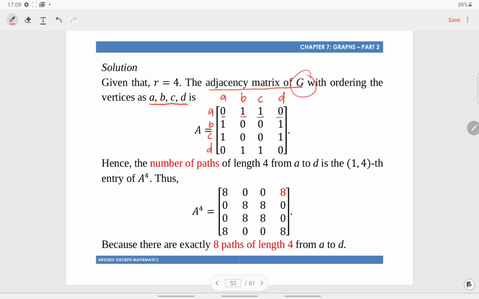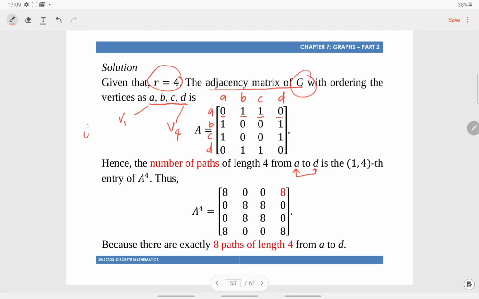Alright. In order to compute the number of paths with length 4 from A to D, we know that A is V1, the first vertex, while D is V4, the fourth vertex.